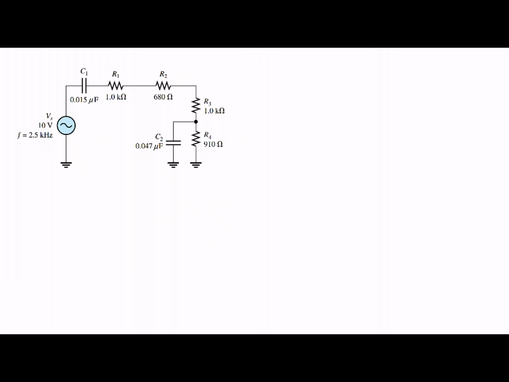R4 and C2 are parallel to each other. R1, R2, R3 are in series, and they are also in series with C1. So the first thing that we need to do here to simplify this circuit is to get the equivalent circuit for the parallel R4 and C2 circuit elements, and then from there combine them with the C1, R1, R2, R3 to get the total equivalent impedance.